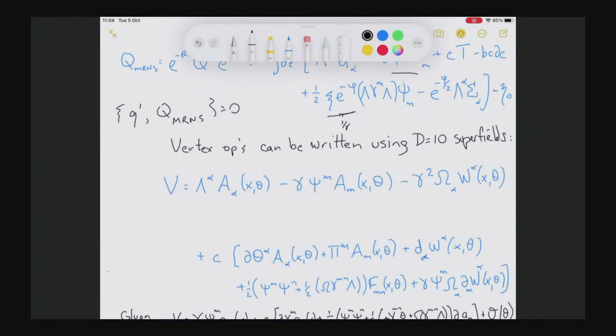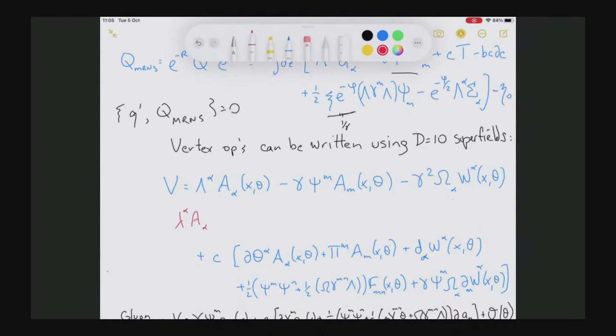And so the vertex operator starts out similar to the unintegrated vertex operator. Remember, in the pure spinor formalism, the unintegrated vertex operator, let me use red, was lambda alpha A alpha. So now it's capital lambda.